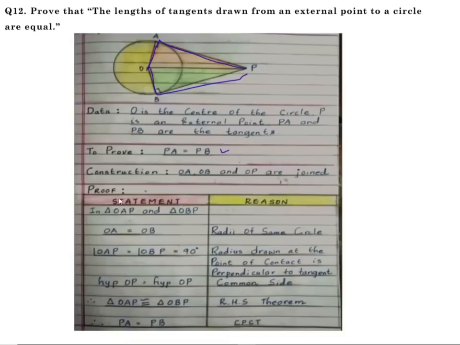And also, what is the common side? OP, that is, the hypotenuse OP is equal to the hypotenuse OP, therefore it is a common side. Now, in triangles OAP and OBP, we can conclude by the RHS theorem that triangle OAP is congruent to triangle OBP. Therefore, PA will be equal to PB.